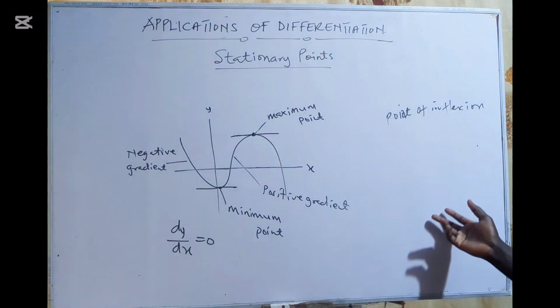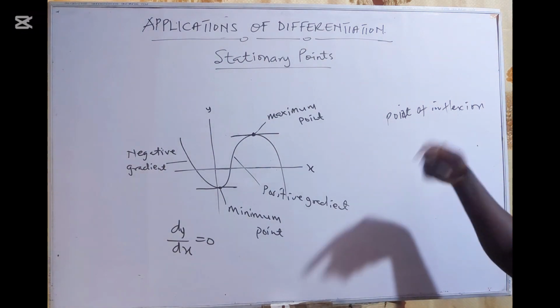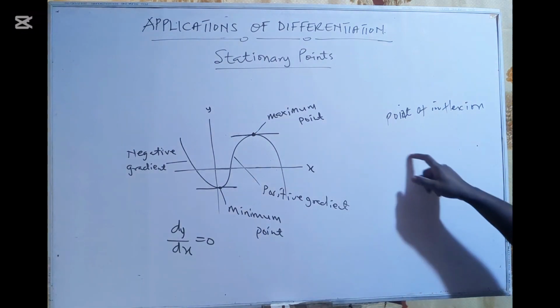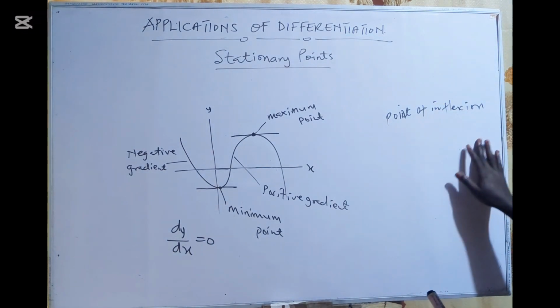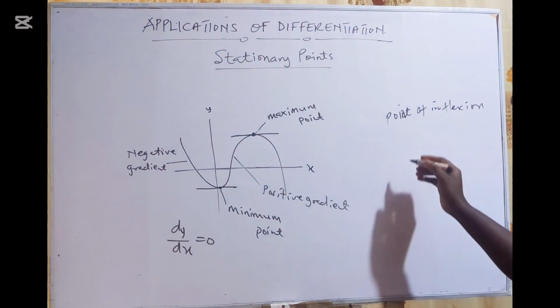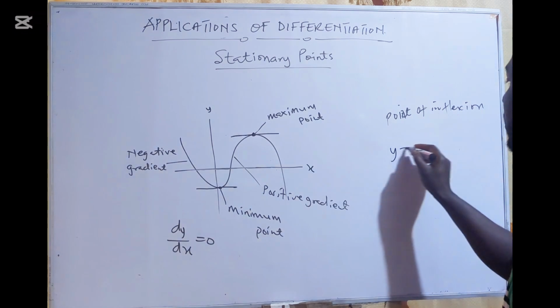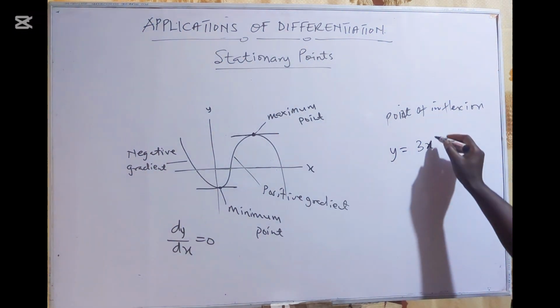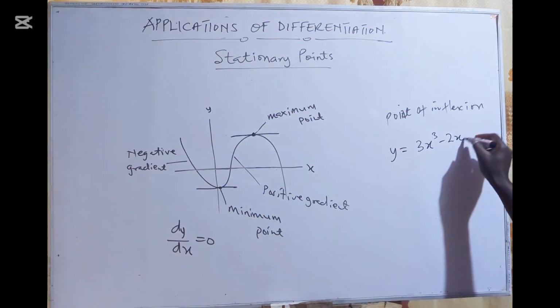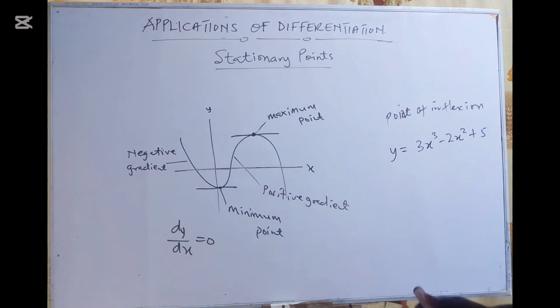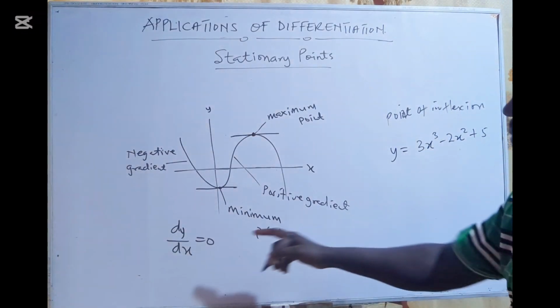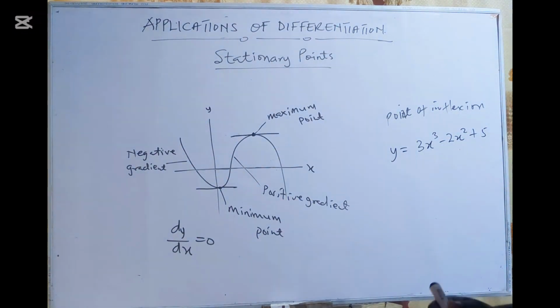When you find the value of x, and you want to get the corresponding y value, you substitute the value of x into the main function. For instance, if I'm given y is equal to, let's say, 3x cubed minus 2x squared plus 5. I'm just using this as an example, and I want to find the maximum or the minimum point where the gradient function is 0.